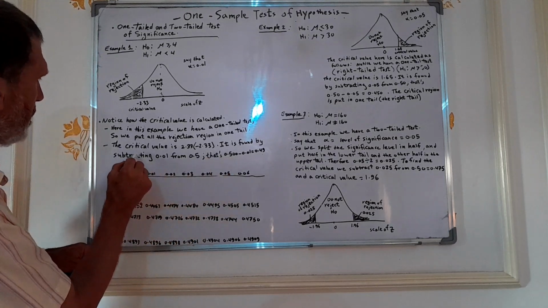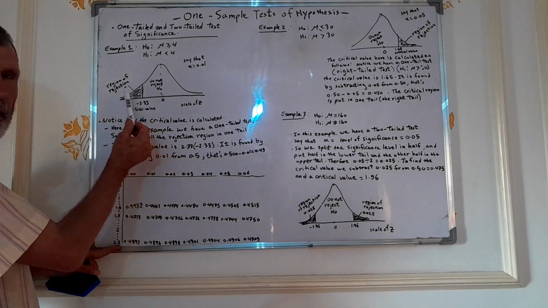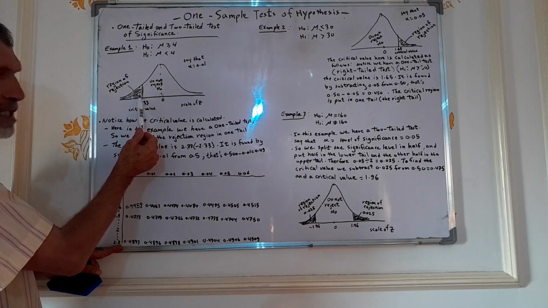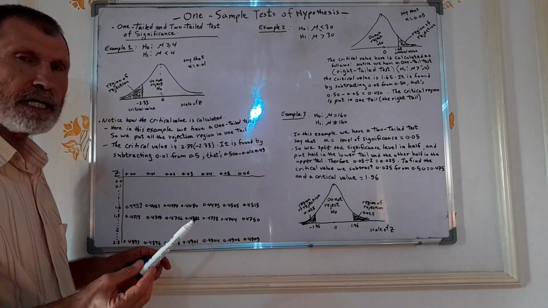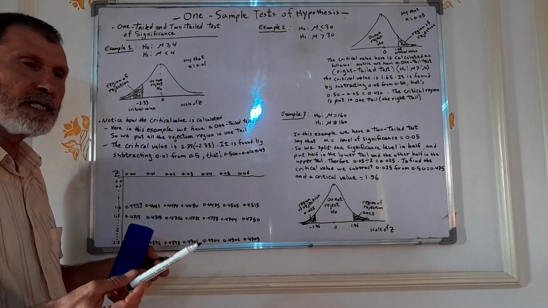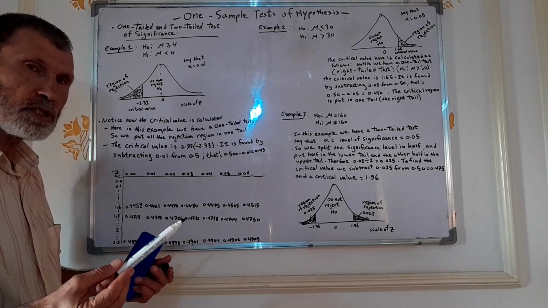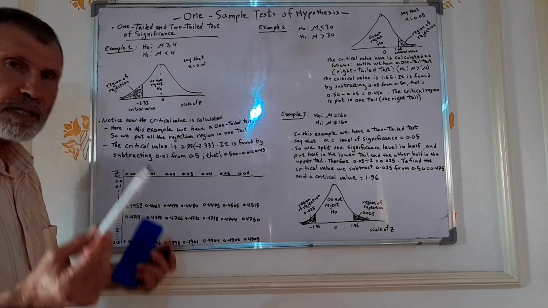And since we are in the lower tail, we put minus 2.33, because the normal distribution, or the standard normal distribution, is symmetrical. One of its characteristics is that it is symmetrical.